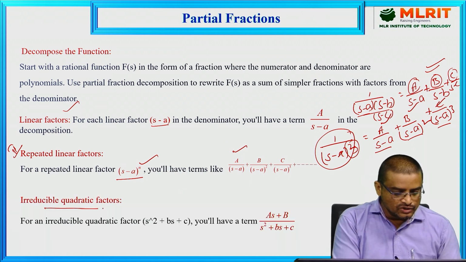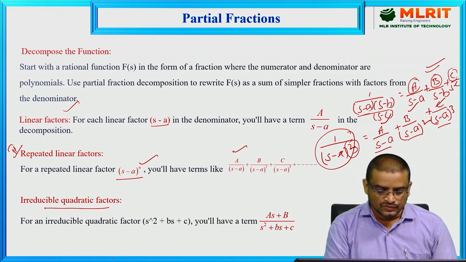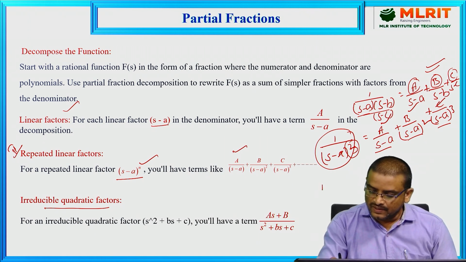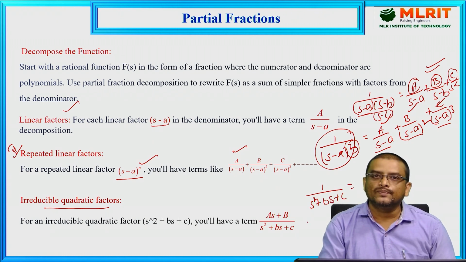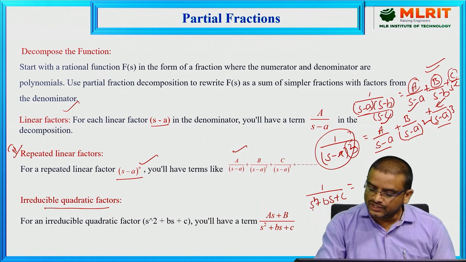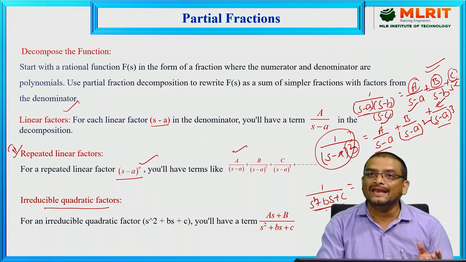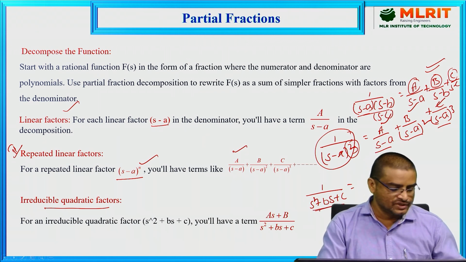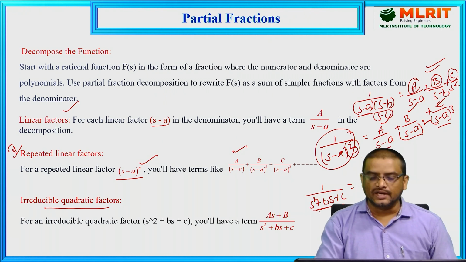So, an irreducible quadratic factor. Suppose you are having the denominator a s square plus bs plus c. This is our quadratic polynomial or quadratic factor, which is not possible to reduce into linear factors.